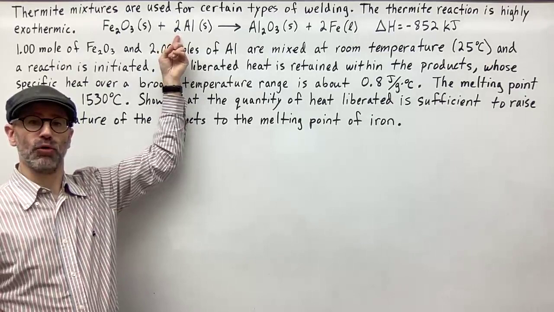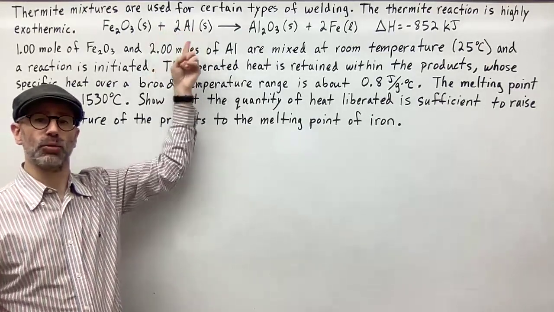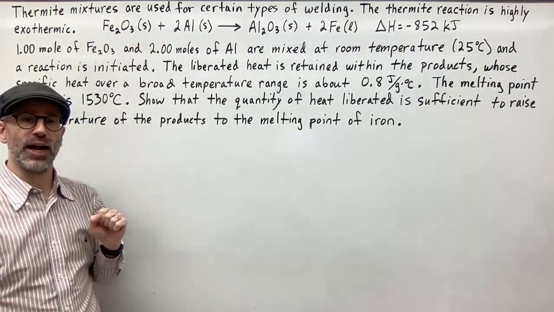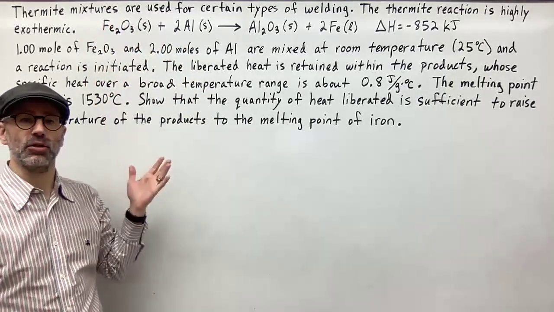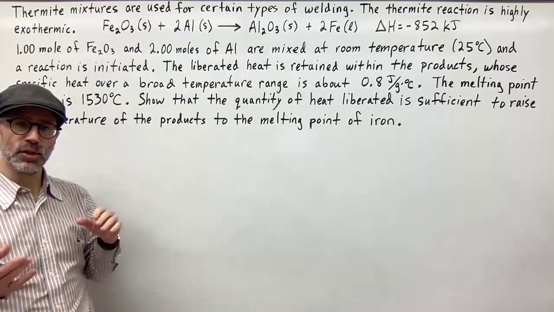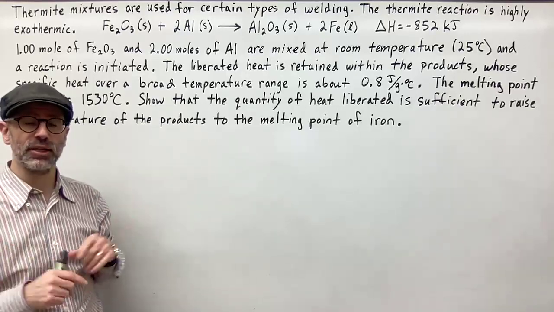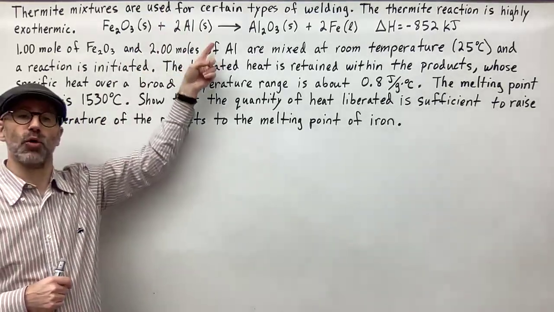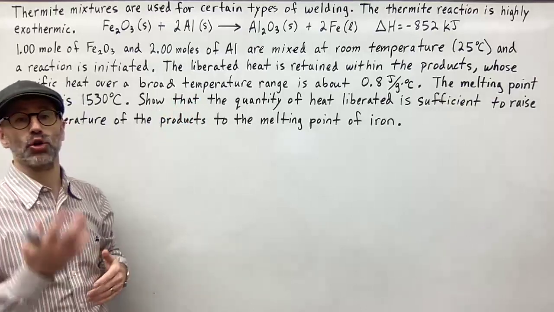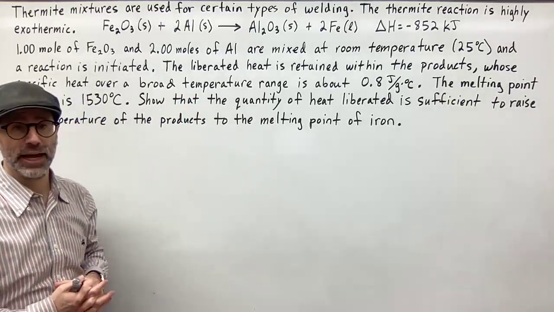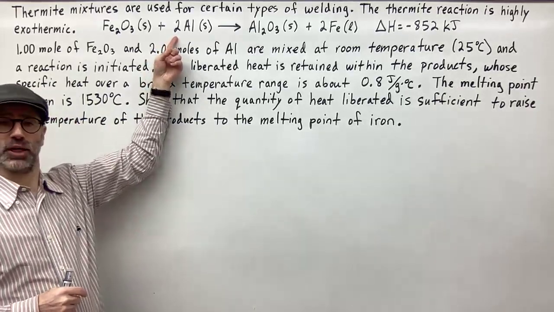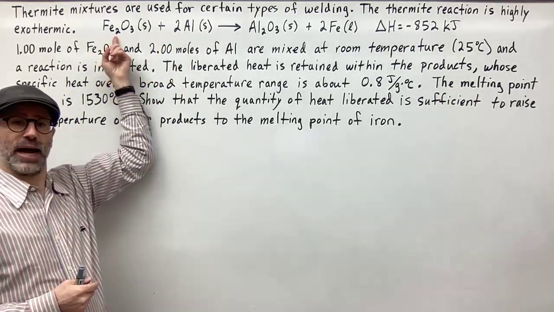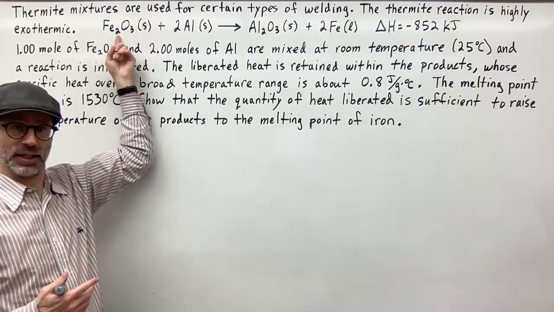If we have exactly 2 moles of aluminum, all of it reacts with all of the iron 3 oxide, and we'll have nothing left, so there would be no limiting reagent. If we don't have enough aluminum, aluminum is the limiting reagent. If we have too much aluminum, we'll have leftover aluminum, and the iron 3 oxide runs out first and is the limiting reagent.